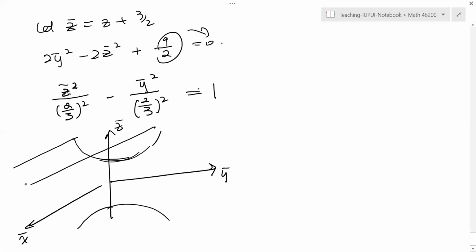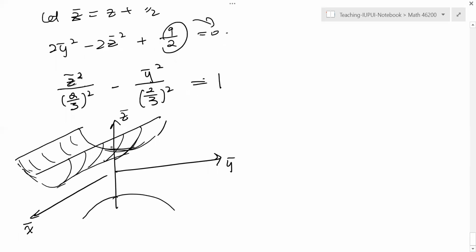How can I draw the graph? Yeah. It's harder to draw it. I hope you understand. Okay. So there's another piece down there.